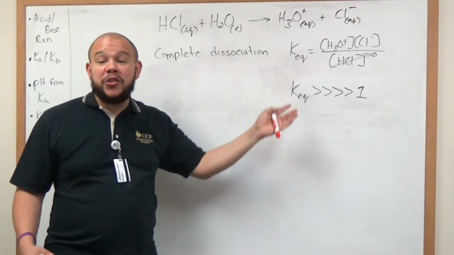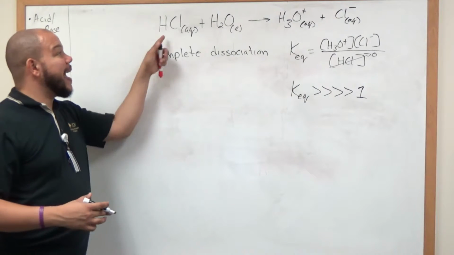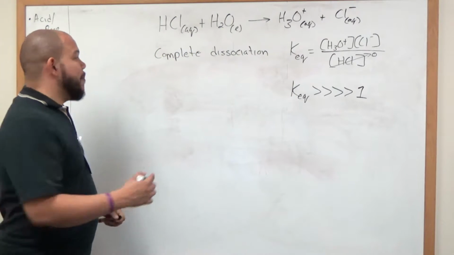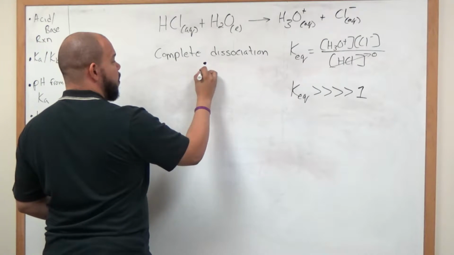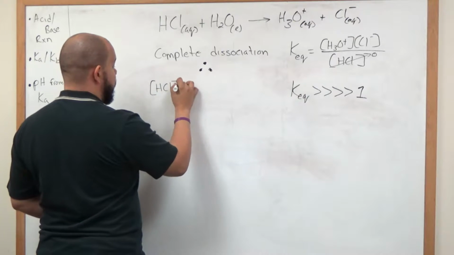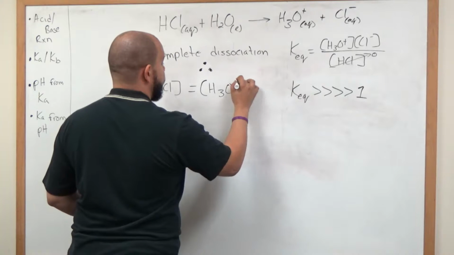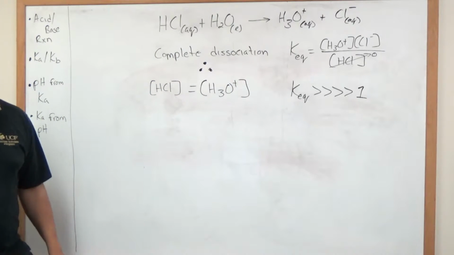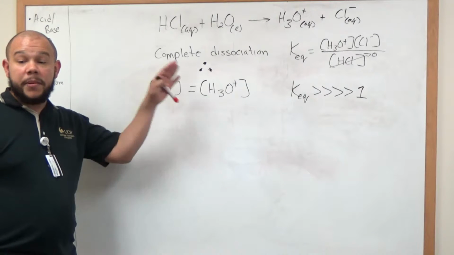So what do we do with that information? We use this to determine the pH if we added HCl. If complete dissociation occurs, then the concentration of HCl has to be equal to the concentration of hydronium ion. These two are going to be equal because of complete dissociation.